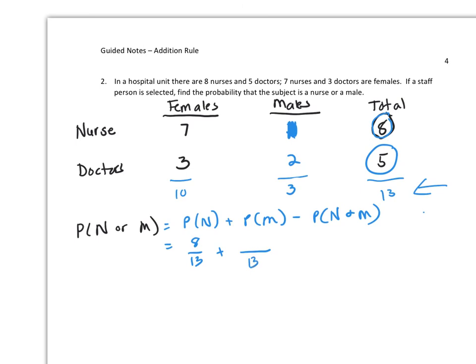How many are male? 3. Minus the probability of nurse and male. Well, nurse and male is this right here. One of them, because that one's already been counted. So we're going to back it out. And that gives me 10 over 13.